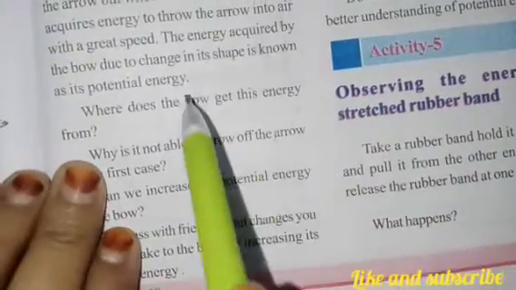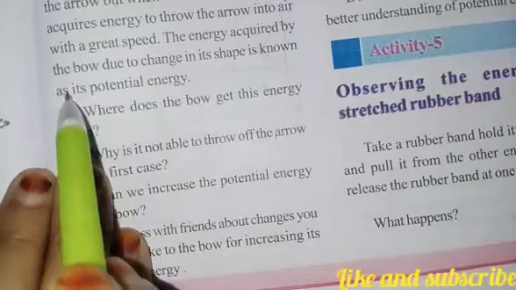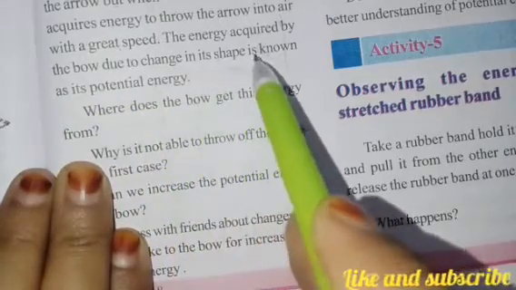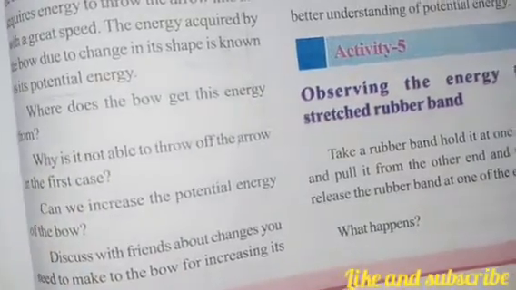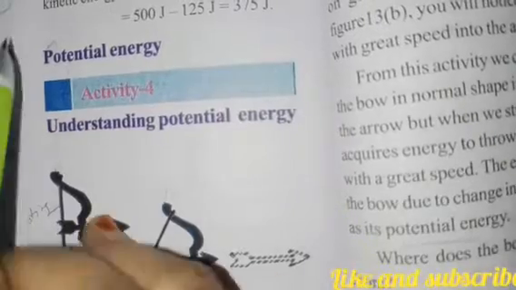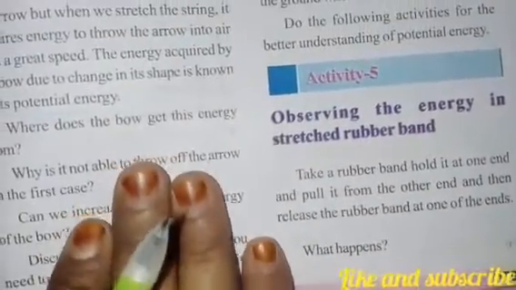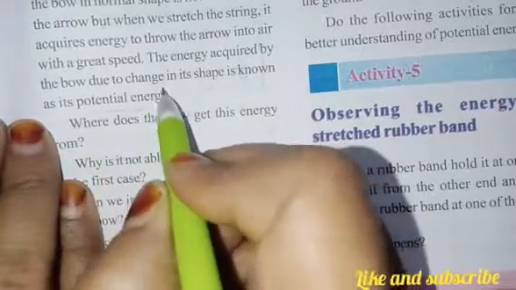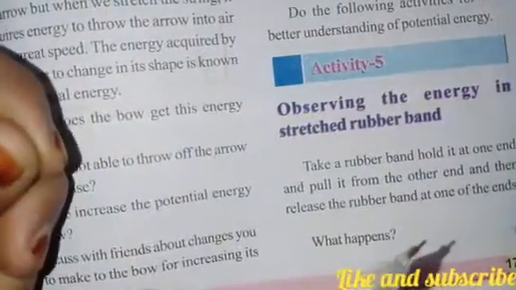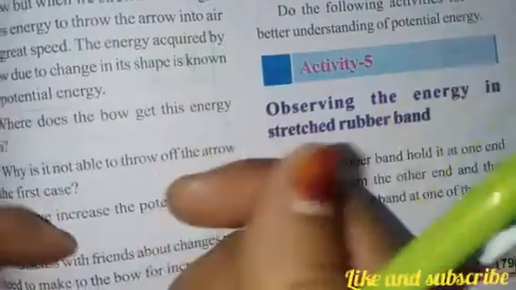So the energy acquired by the bow due to the change in its shape is known as its potential energy. Today we will learn about potential energy. In our previous class we learned about kinetic energy. So what is potential energy? It is the energy acquired by the bow when we change its shape.